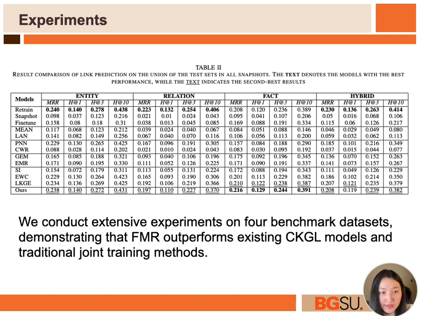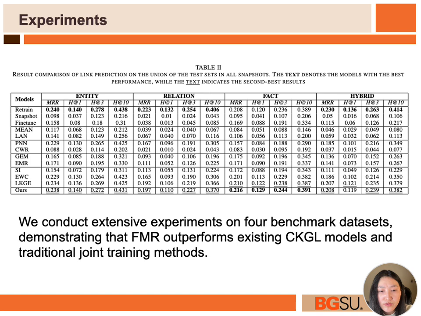The second group is the inductive models. This category includes advanced knowledge graph models like MEAN and LAN. The third group is the parameter isolation models, including PNN and CWR, along with the memory replay-based models like GEM and EMR. The last group is the regularization-based methods.